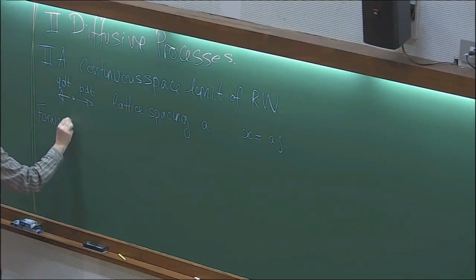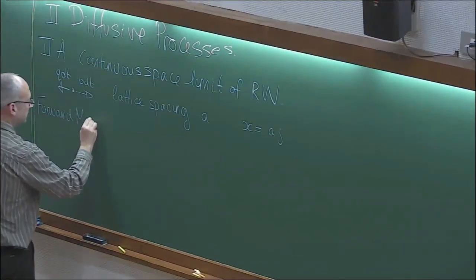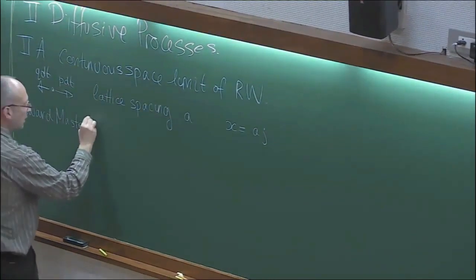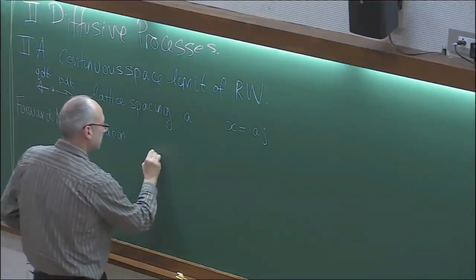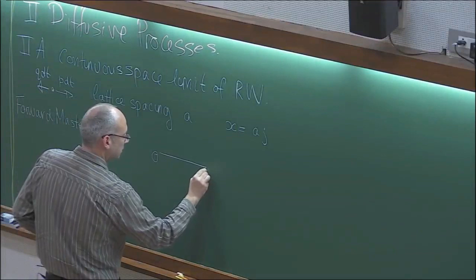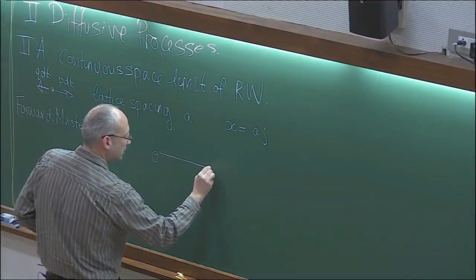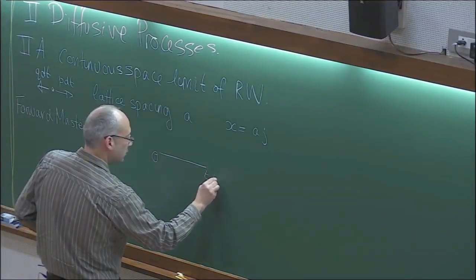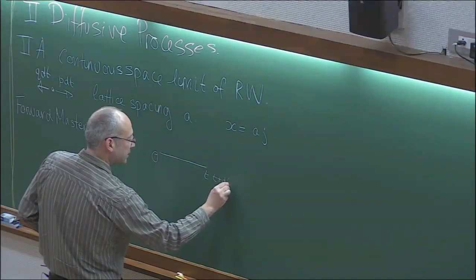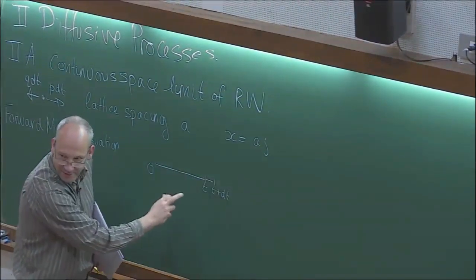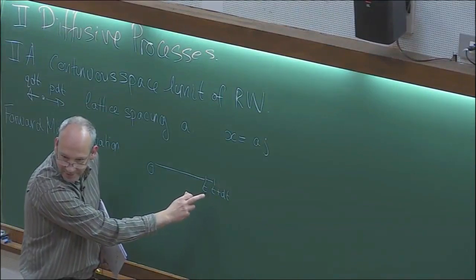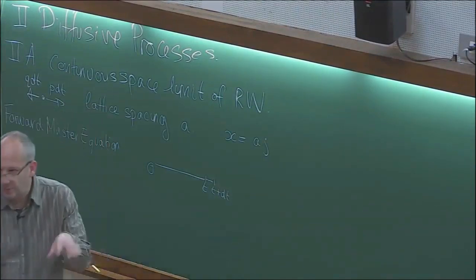The idea is, for the forward master equation, really what I'm thinking about is a time interval 0 to t, and then I'm thinking about what happens in the next dt. So the important thing is this time interval here. Okay, you'll see what I mean in a moment.